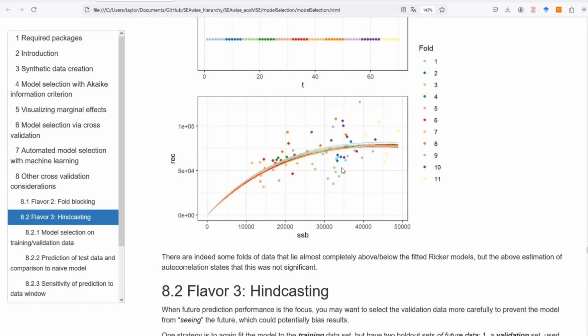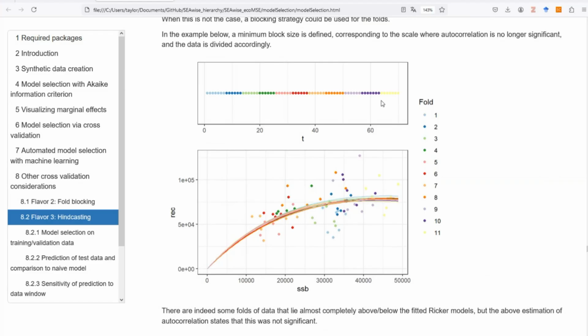I'm guessing that's why the autocorrelation was not deemed very significant in this case. Anyway, that could be another consideration. Because of the way that you set this up, you can't really repeat it over and over again. So this would be a single cross-validation that you'd be able to do with this blocking strategy.